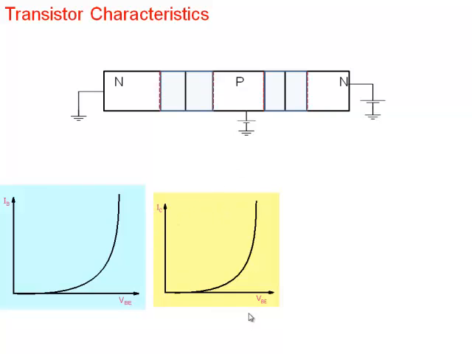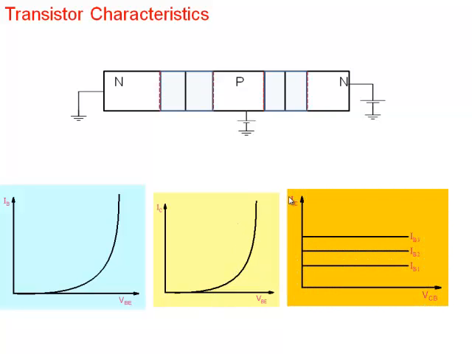Collector current versus base emitter voltage also looks like this. Why? Because collector current is electrons which are injected from here, and electron current also changes exponentially. So that also looks like this here. Collector current versus collector base voltage looks like this here. Because collector current is electron current, electrons which are injected from here, they reach all the way here, and the collector current does not depend on the collector base voltage.